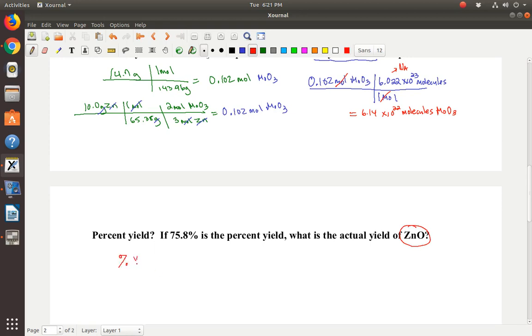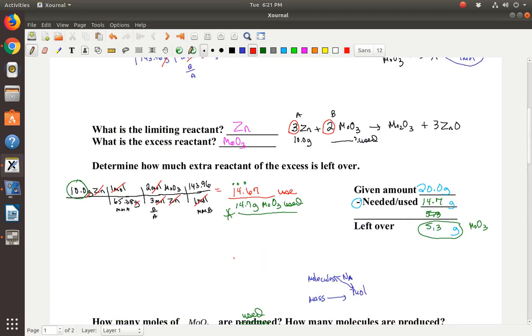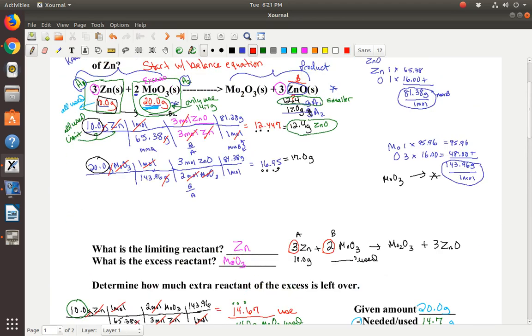Percent yield, and you have this formula on the test, is the actual amount divided by the theoretical amount times 100. Okay? So we go up to the top, and what we determined was that zinc oxide, this is the theoretical amount.